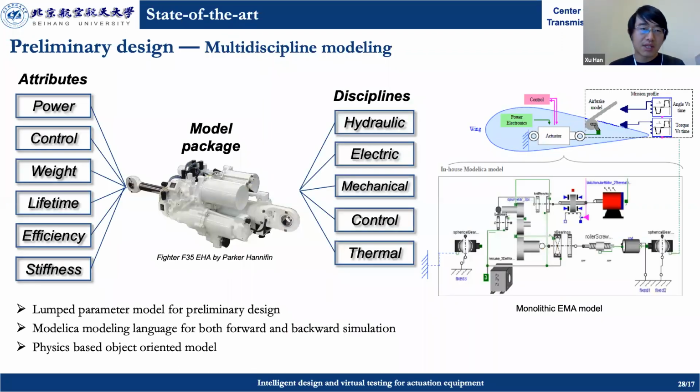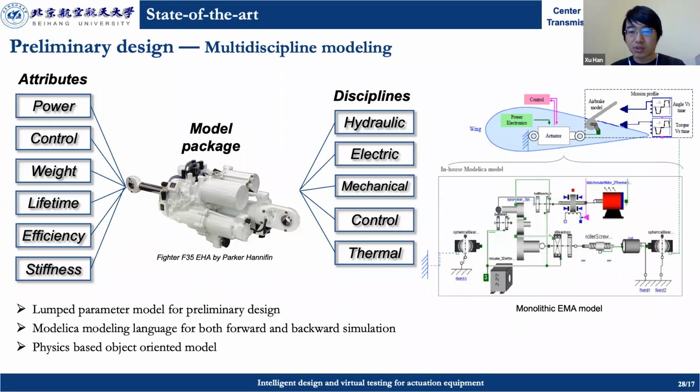So here we have some fundamental techniques for implementing the preliminary design. First is a multidiscipline modeling method. Although the actuator is not as complex a system as aircraft, it still involves many different disciplines like hydraulic, electric, mechanic, control, and thermal. And also many different requirements should be fulfilled during the design work.